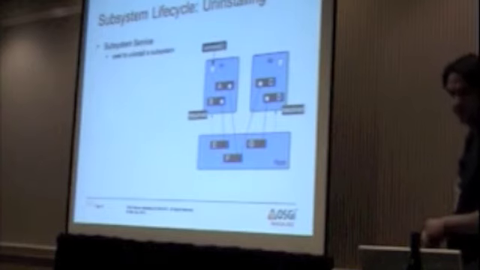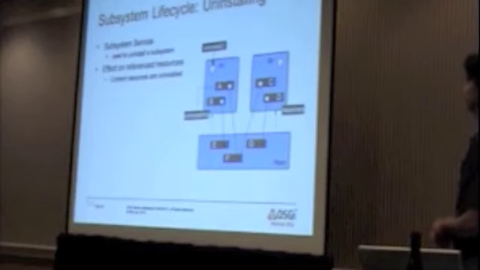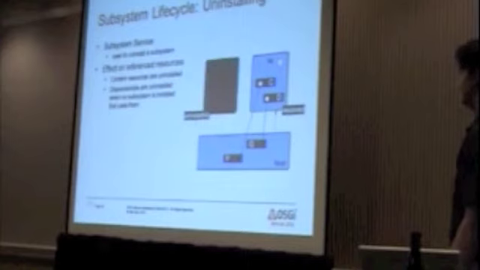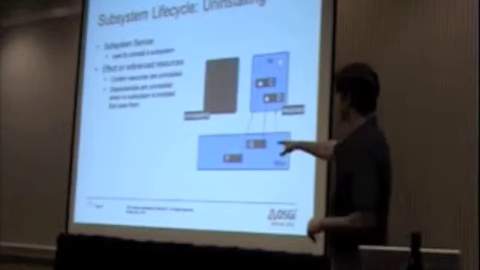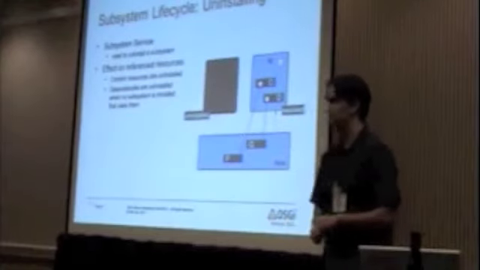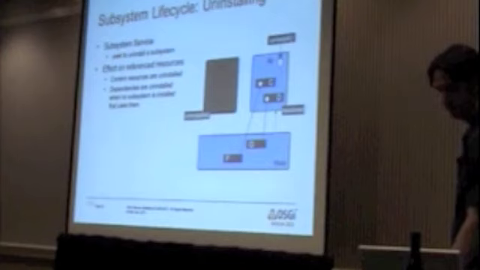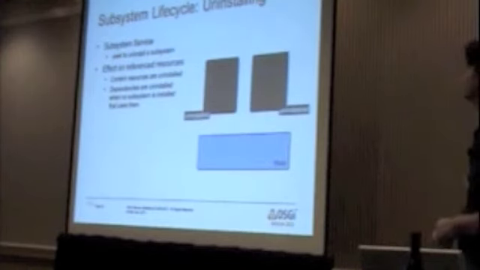Finally, we have uninstall, and predictably, it's got the same pattern. It's going to uninstall the content bundles and the referenced dependencies. It didn't uninstall F because it's actually being used by a subsystem that's still installed. You uninstall A2, and that's going to get rid of the rest of the resources.